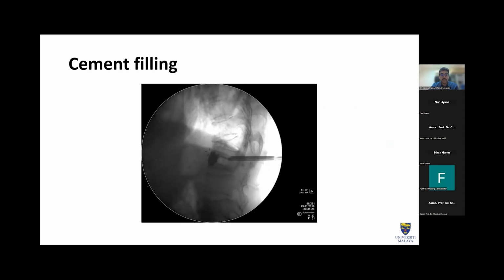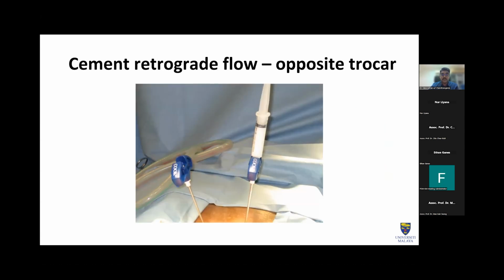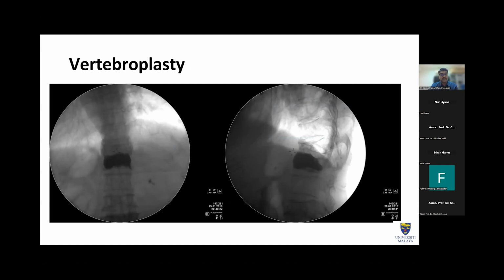Subsequently, cement will be filled into the cleft gradually and monitored using fluoroscopic guidance. Cement retrograde flow at the opposite trocar indicates the cement has filled the cleft. This is a fluoroscopic image of a vertebroplasty, AP and lateral views.